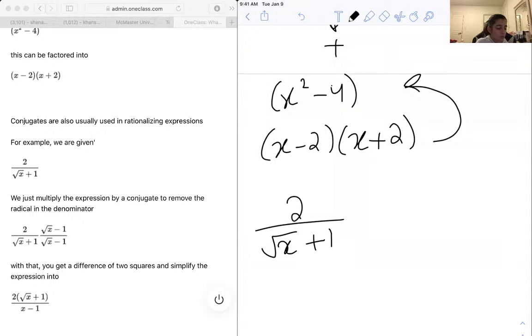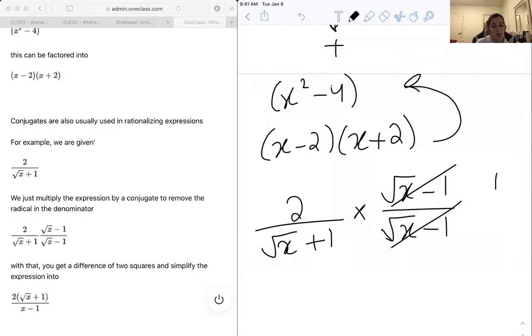What you do is you multiply it by the denominator's conjugate. So the conjugate will be square root of x plus 1 over the square root of x plus 1. Because when you divide these out, they equal 1. So you're not really doing anything to the function. However, you're just rationalizing it, making it better.